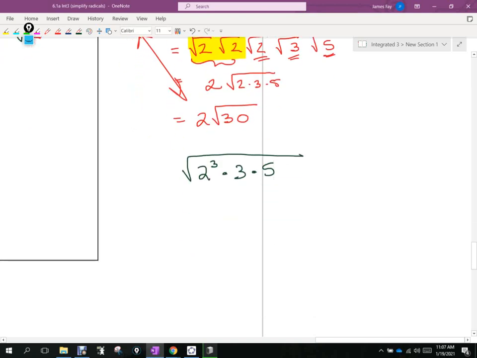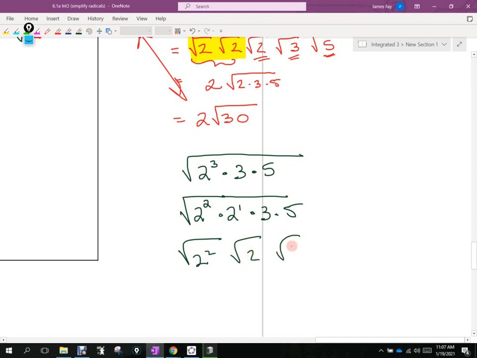Now, in that format, it might not be all that useful, so we talked about how we could do this. 2 to the third is the same thing as 2 squared times 2 to the first times 3 times 5. And if we break that apart into their own radicals, we talked on Wednesday that that radical and that power of 2 undo each other, right?